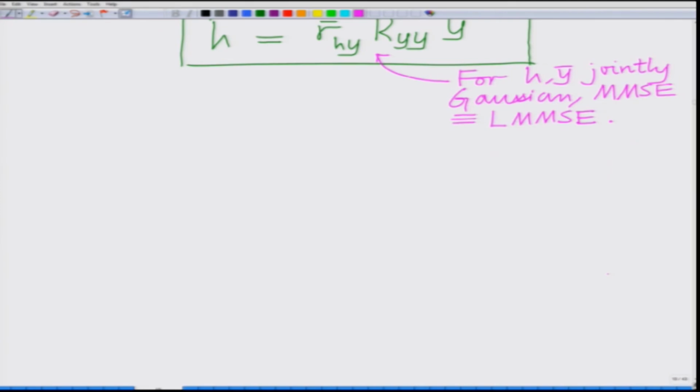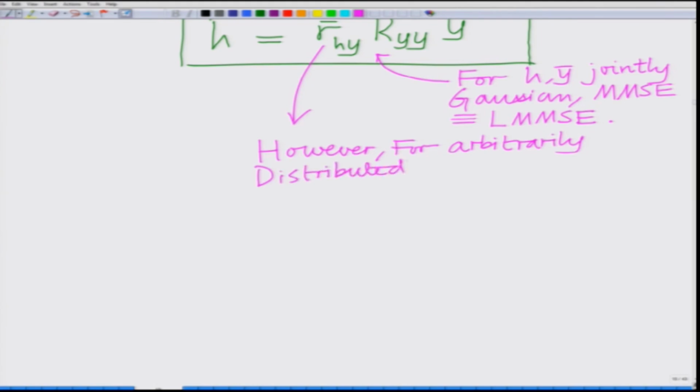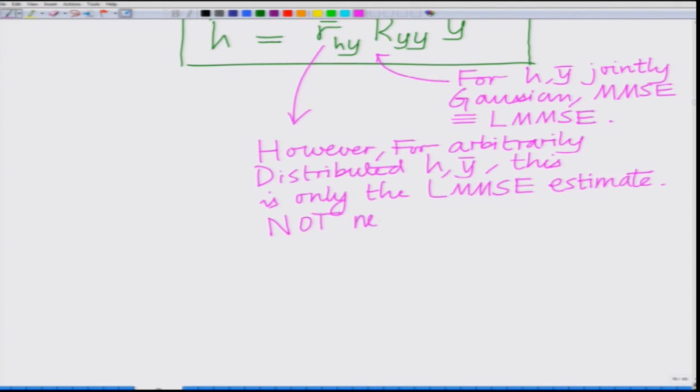However, for arbitrarily distributed h, Y bar, this is only the LMMSE estimate, and in fact generally speaking this will not be the MMSE estimate.